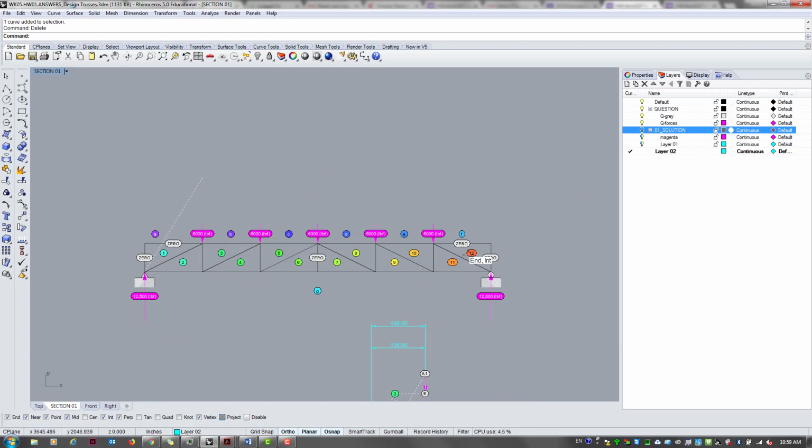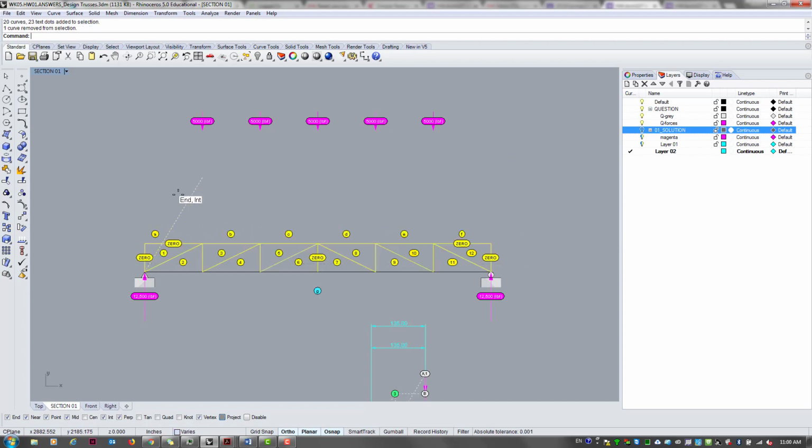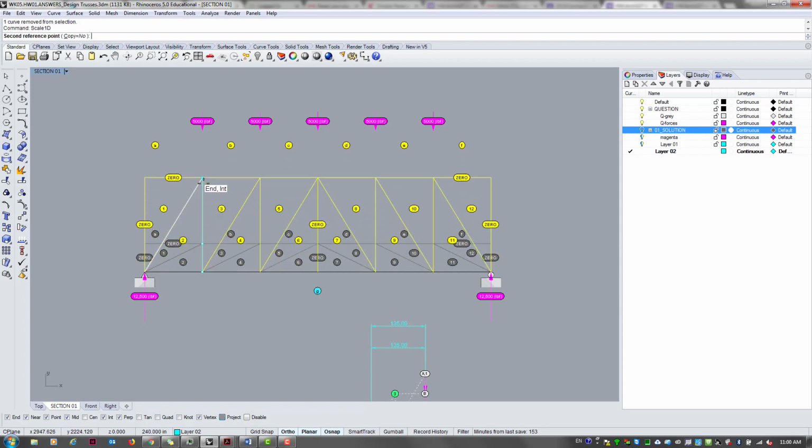I don't need all these internal forces because they're going to be wrong anyways. These pink ones, these are external force, so we shouldn't scale those because those are not changing, but everything else here is going to change in one direction, so that the angle matches that one.